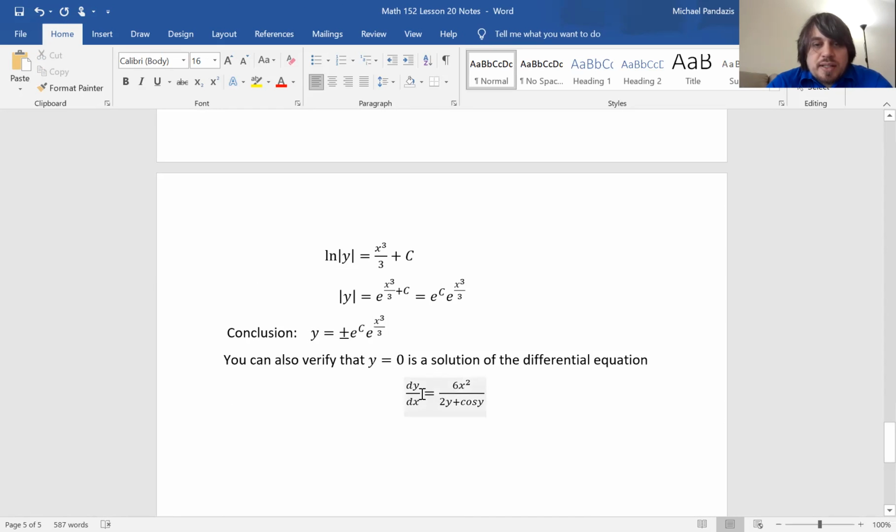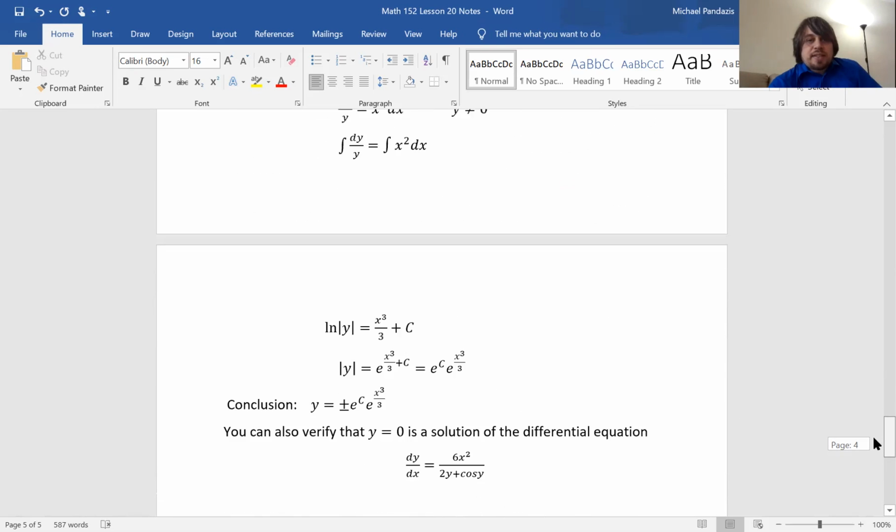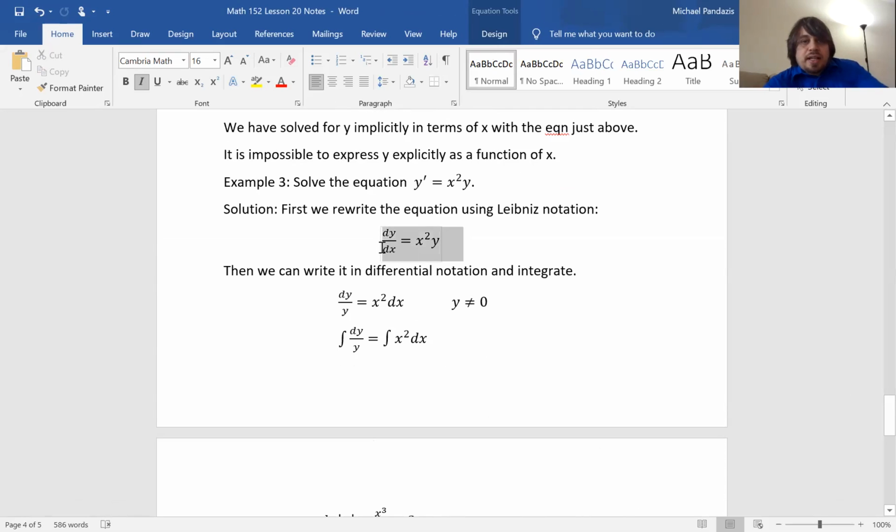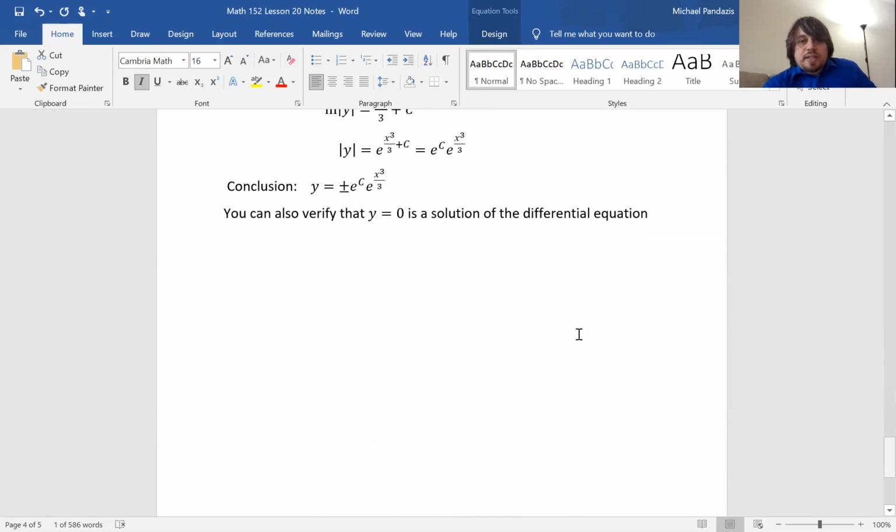That's because if y equals 0 is a constant, its derivative is 0. Okay, so we have this equation here.